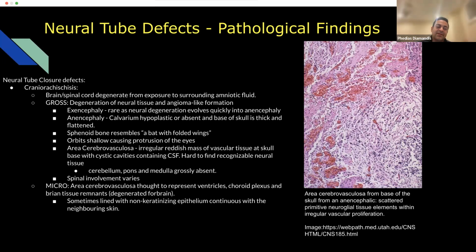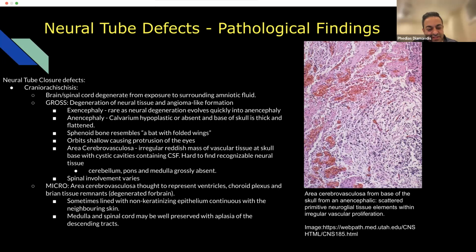It sometimes can be linked to the neighboring skin tissue, again making sense because it's really a derivative of the ectoderm. If there's a failure to close, it would make sense that it can still be associated with this neuroectodermal structure.